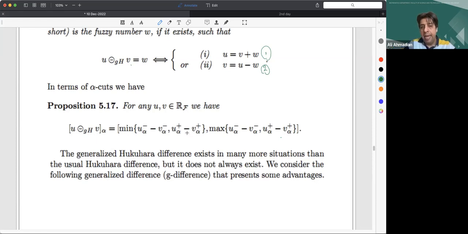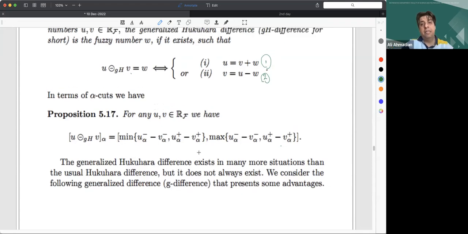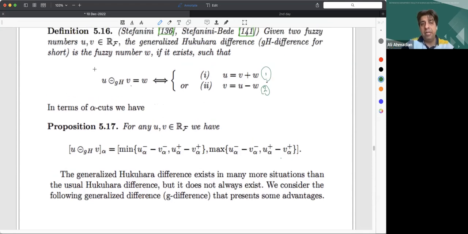Then the minimum between these two differences we consider as the left one, and the maximum one is considered as the right one. This is the generalized Hukuhara difference of two fuzzy numbers based on alpha cut. This is the general definition, the general frame of the difference.